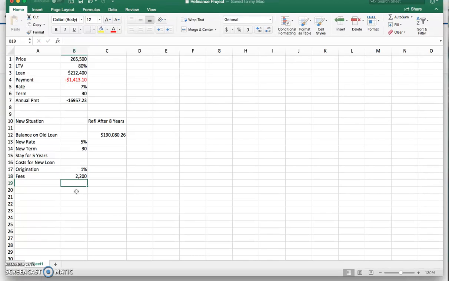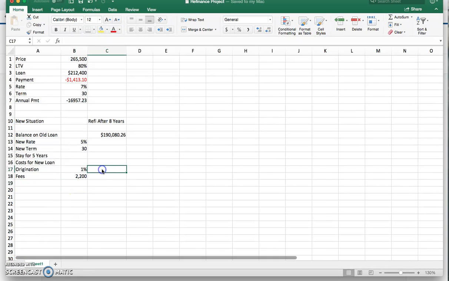They were originally $2,000. The cost for the origination fee is going to be the origination fee percentage times this new balance.